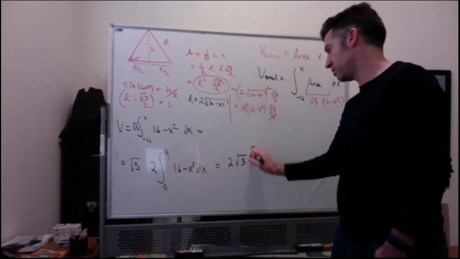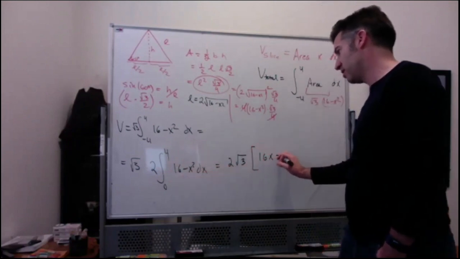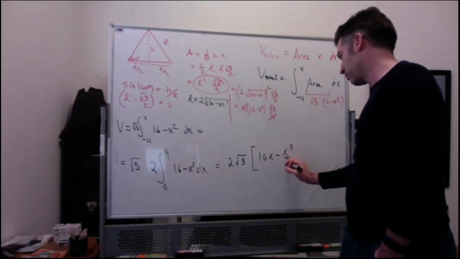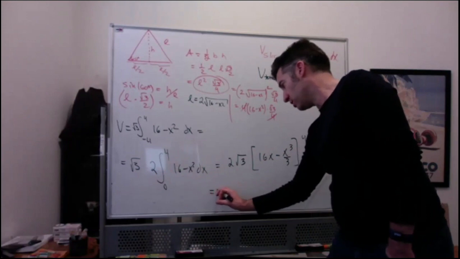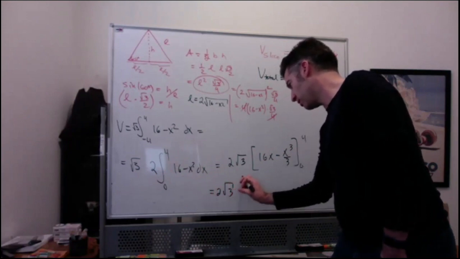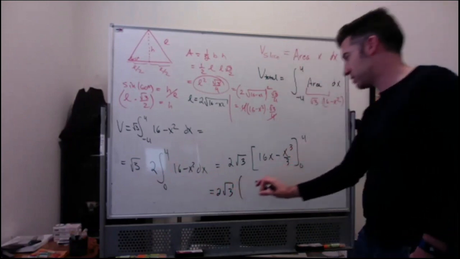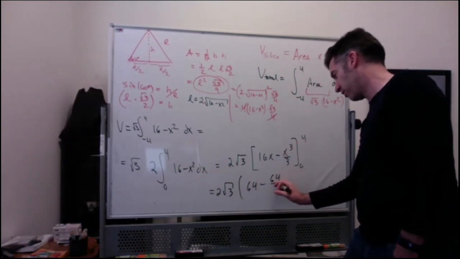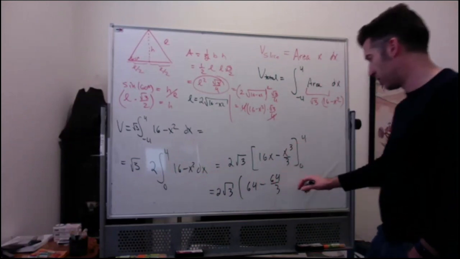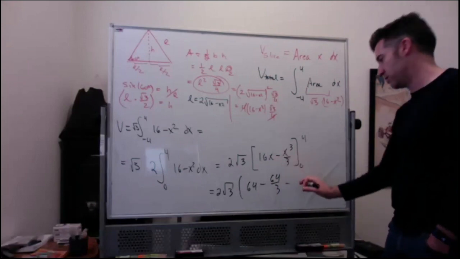Integrate this, you get 16x minus x cubed over 3 from 0 to 4. So you get 2 root 3 times, let's see, 16 times 4 is 64, minus 4 cubed is 64 over 3. And then we plug in 0 and you get 0 minus 0.